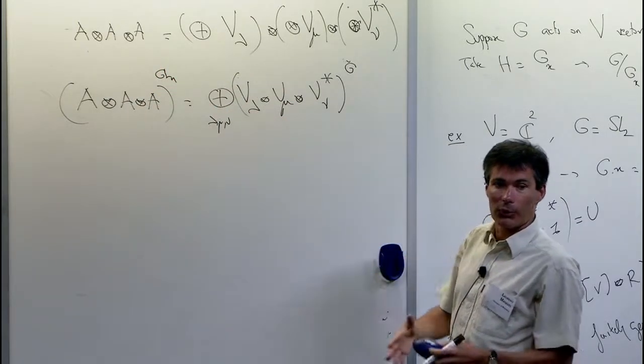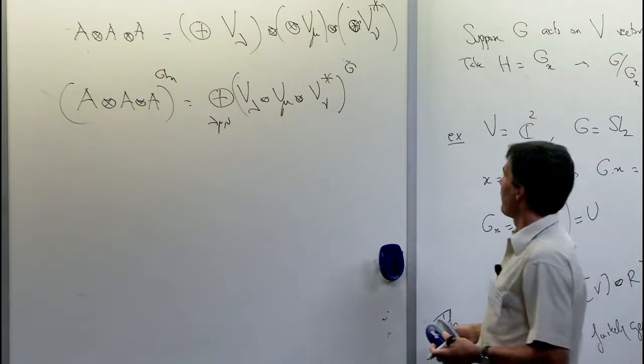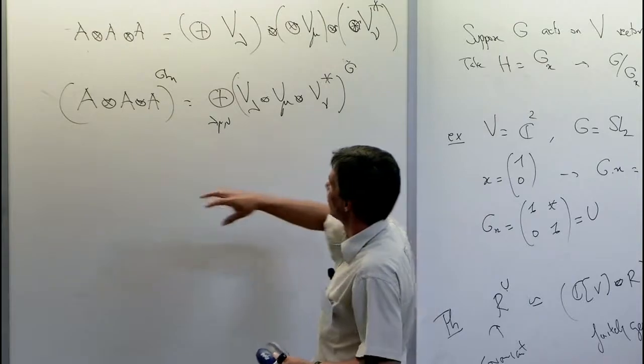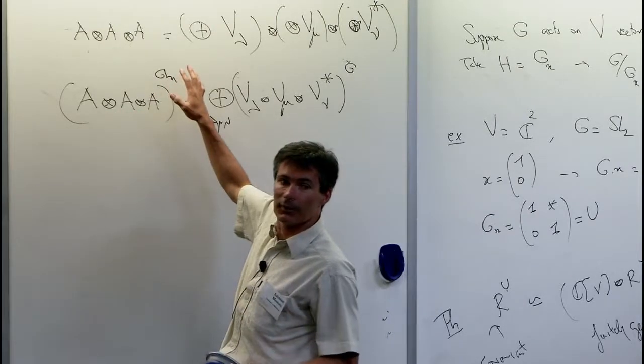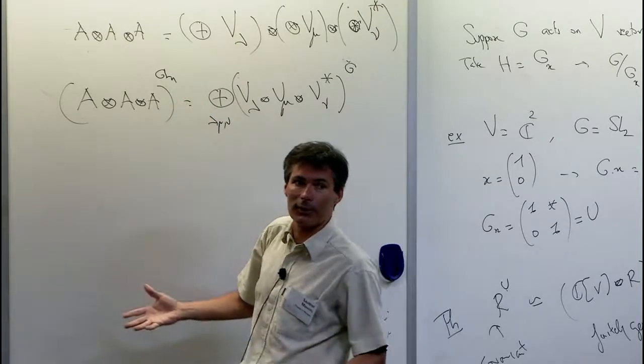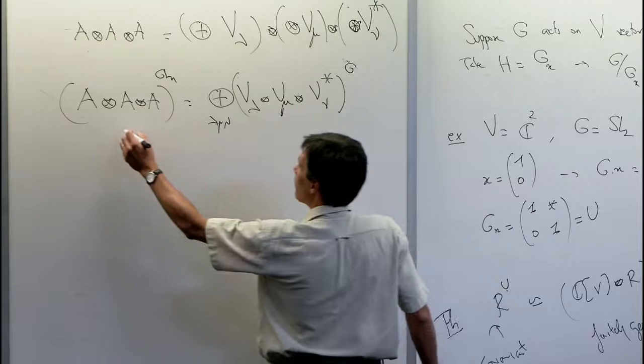A is finitely generated, so this triple product is, and I take the invariants of GLn, so I still get something finitely generated.